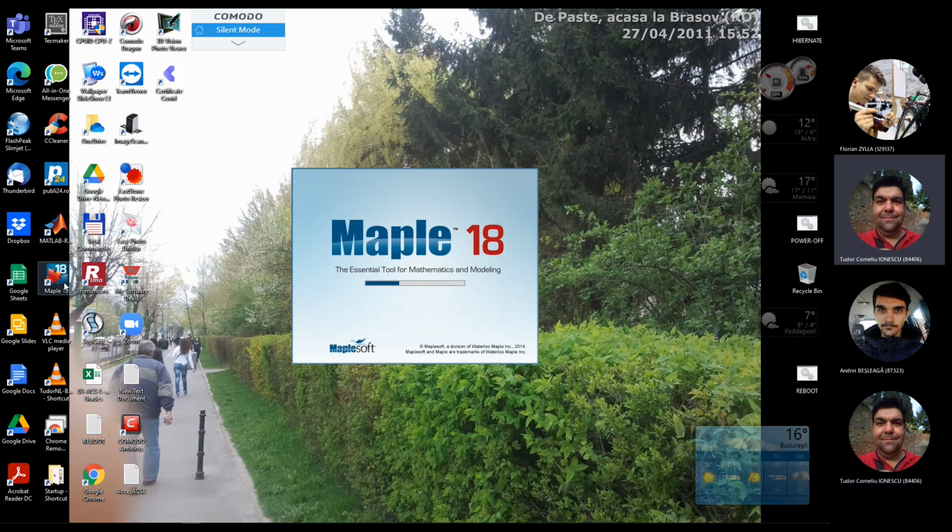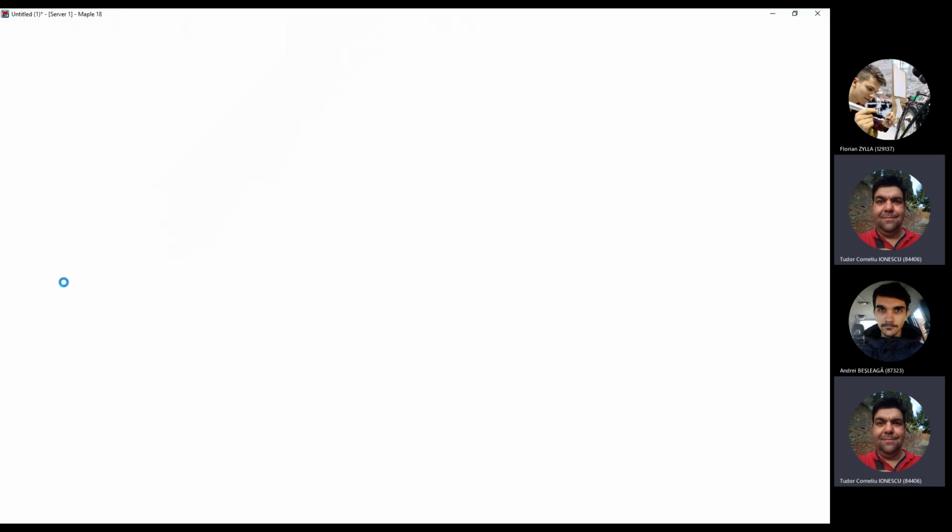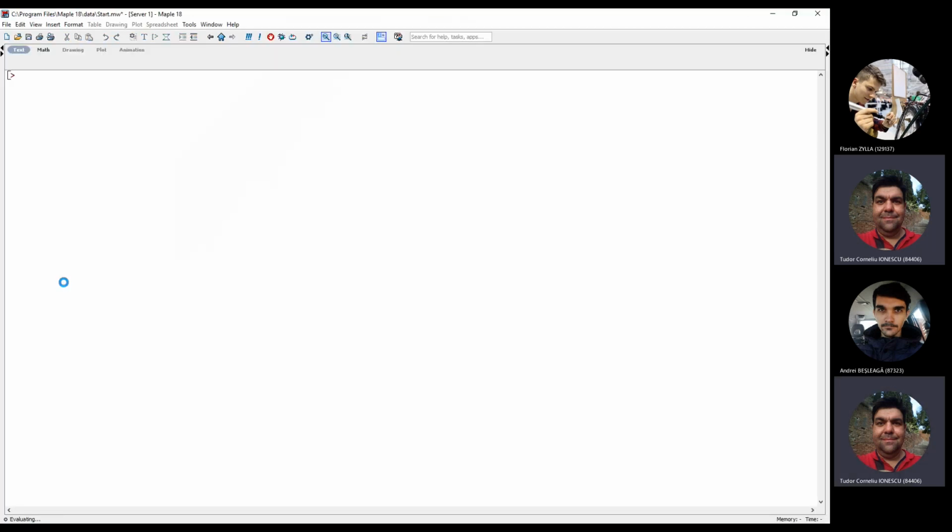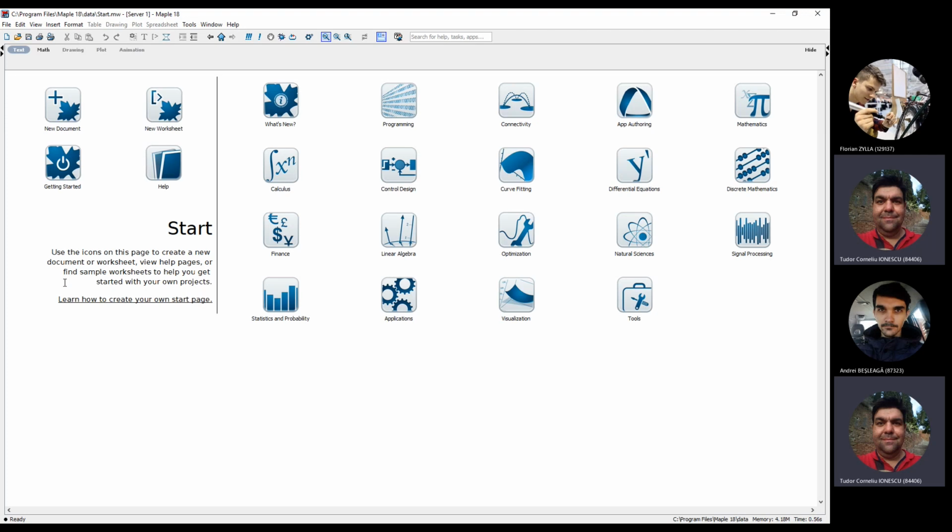Lovely. It's very easy to install. You just need to follow the cracking instructions. This is an older version of Maple, so probably no one will care about it any longer, but it's very useful for our practical and for our teaching. So please try to install Maple and check out these very nice examples.